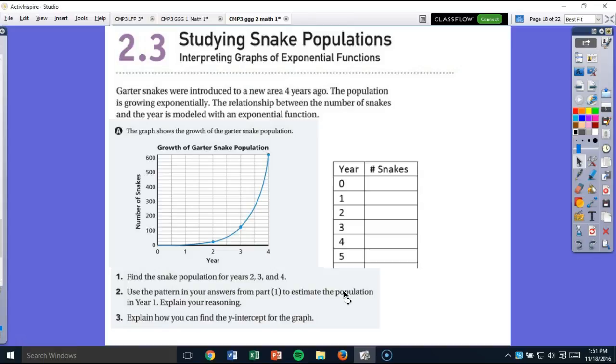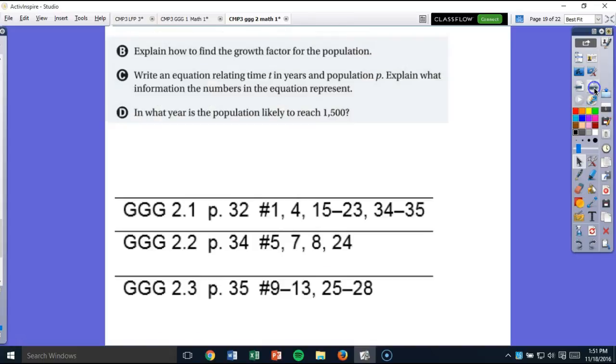So those are things that we want to work on and try to accomplish in this 2.3, because we've been taking tables, full values of tables, graphing them, and then coming up with equations. Well, now we're given a graph, table our information, try to find our pattern, and then work backwards to be able to complete the table with the other years.